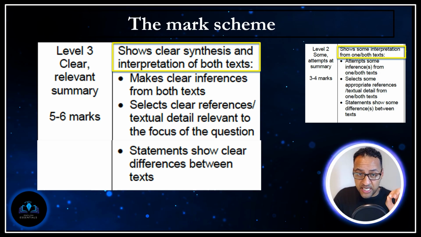If you want to get to level 3, you must also synthesize, and that's what I keep going on about. Bringing the text together is synthesizing, showing a clear synthesis, it says, and interpretation of both text. So that must mean it's a personal response and you have brought them together. And that's just one of the reasons why this one is a bit more challenging than some of the others.